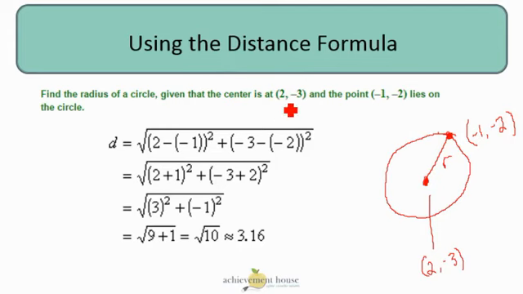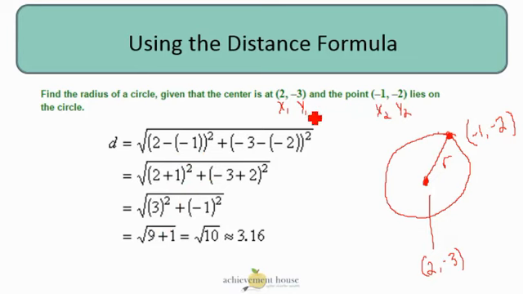So it looks like here they count x1 and y1 here, x2 and y2 here. And again, it's very simple. You're going to take x1, put it where x1 goes, and take x2 and put it where x2 goes. So 2 minus a -1 will give you +1, so you'll get 3 squared.